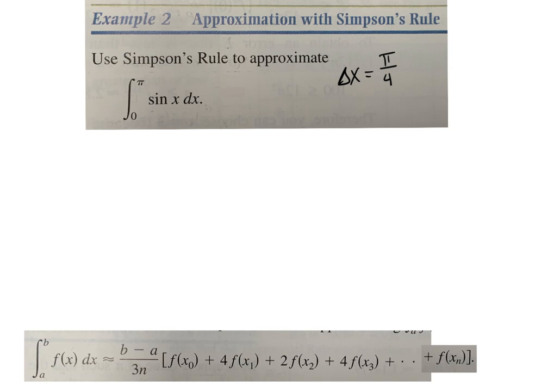We're going to plug this in. So now we're going to say b minus a, that's pi, over 3 times my number of divisions that I'm going to have.